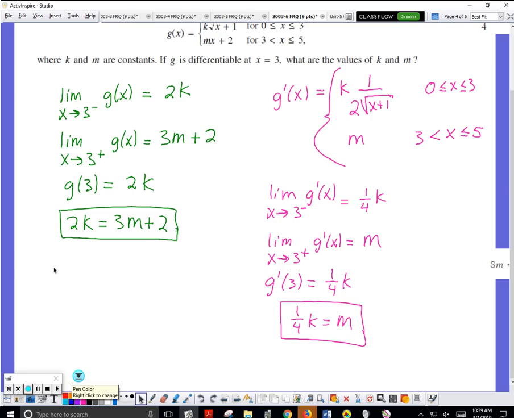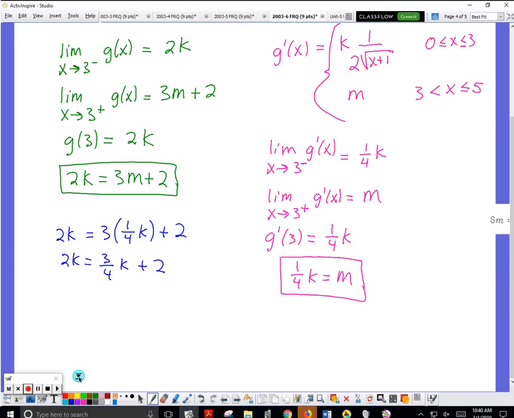So I say, let's see, 2k is equal to 3 times 1/4 k plus 2. So 2k is equal to 3/4 k plus 2.